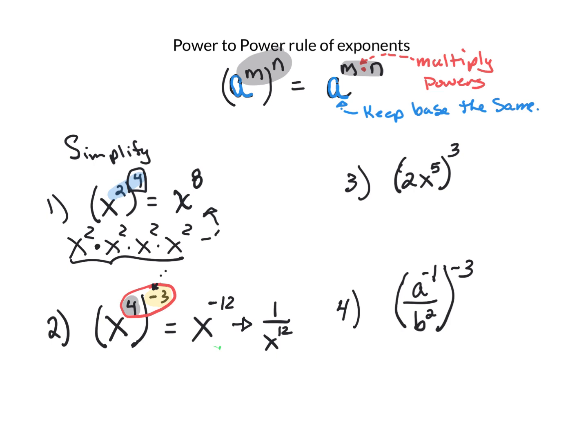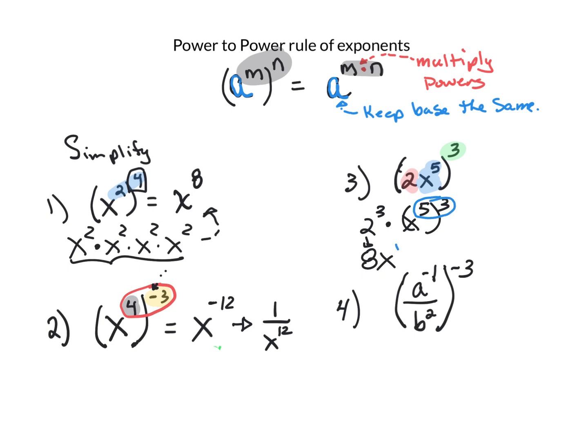So here you have 2 factors. You have the factor 2 that is being raised to the 3rd power, and then you have the factor x to the 5th that is being raised to the 3rd power. So as you know, 2 to the 3rd power is 8, and then for x, here we have a power to a power, so we're going to multiply those exponents.